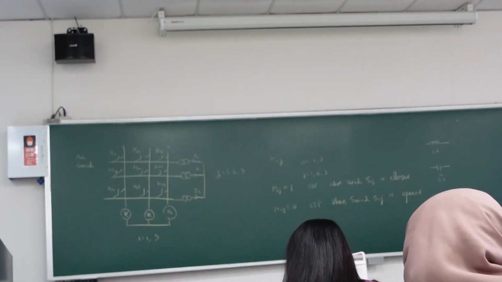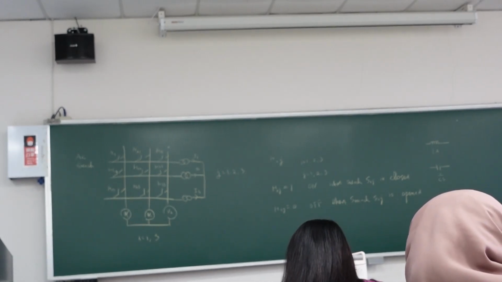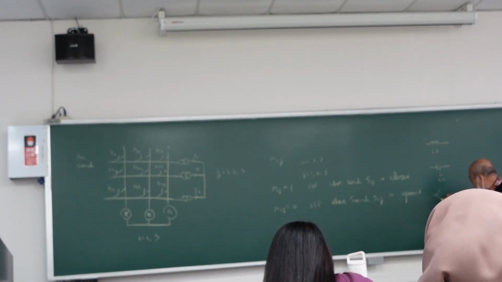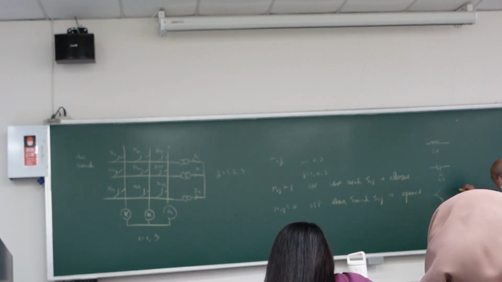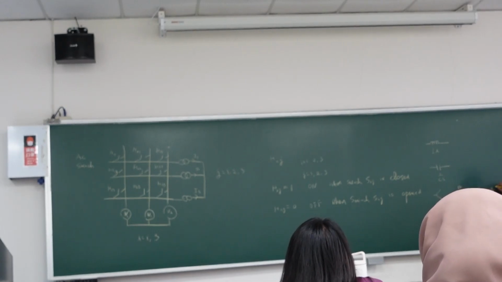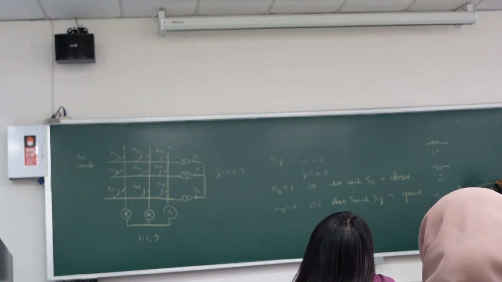So each device, we can use math to describe it. If you have a transistor, how can you describe the transistor? Then you have input resistance, and then you have IB. Then you have IC, it is beta IB. So we call this the small signal model, right?